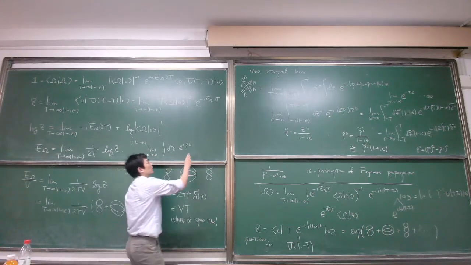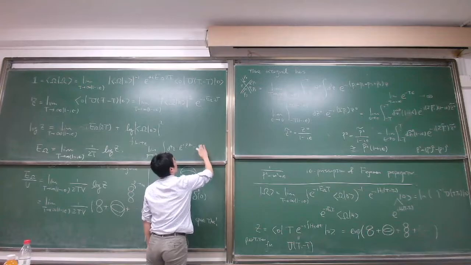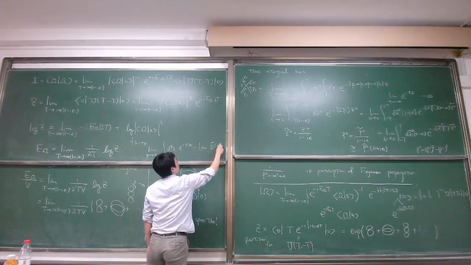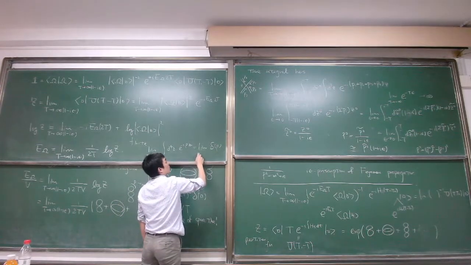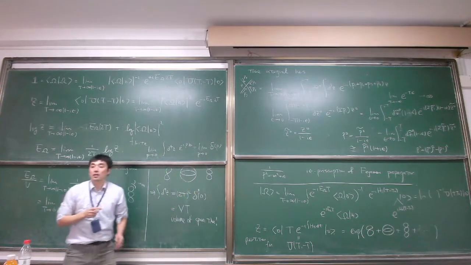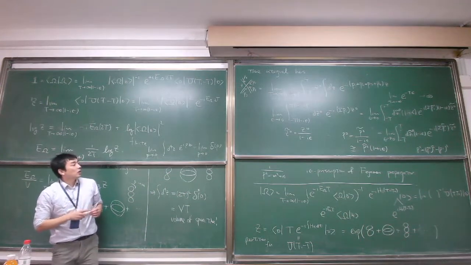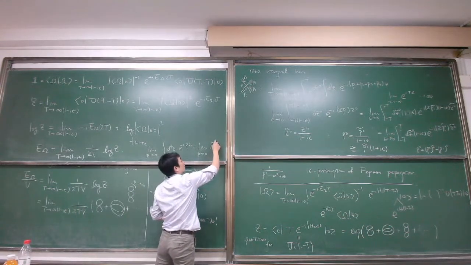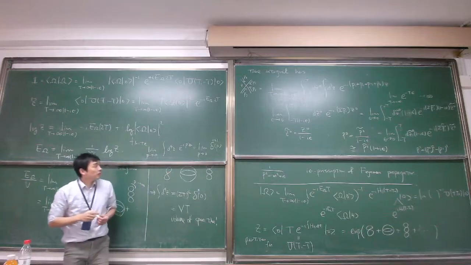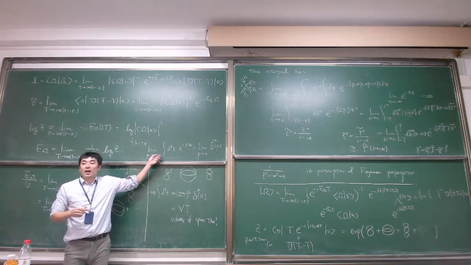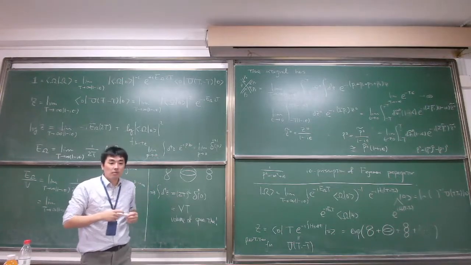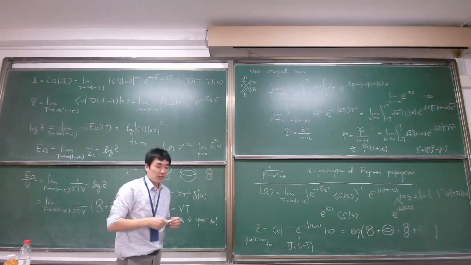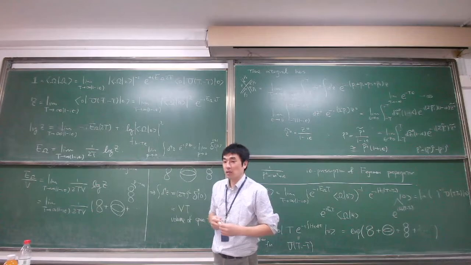So this is the delta of p, up to normalization, with p going to 0. P goes to 0 means IR. So momentum goes to 0 means IR, and momentum goes to infinity means UV.